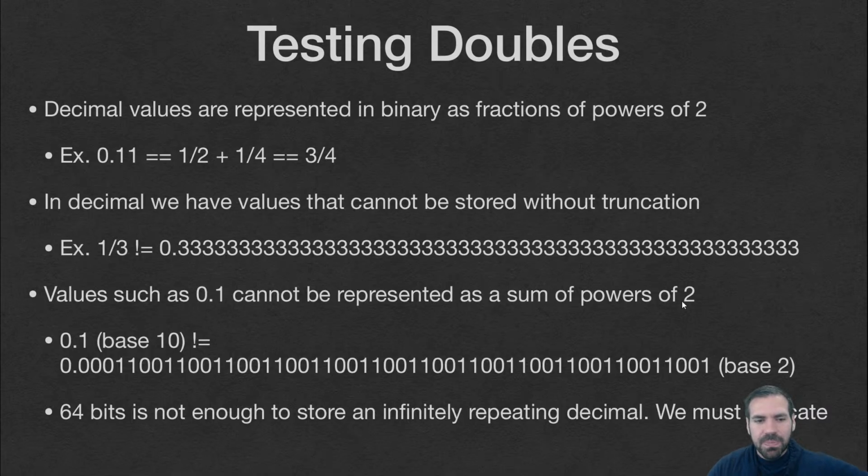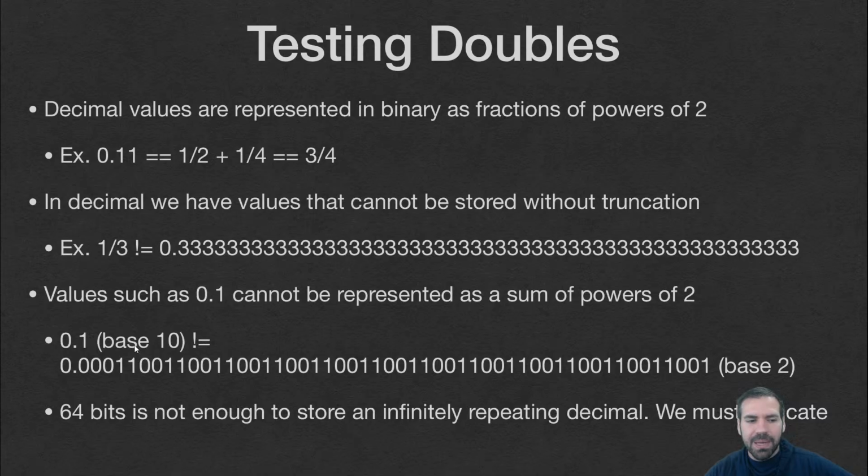Because in doubles, if we want to represent a value as the sum of powered fractions of 2, we can't always do that. 0.1, which was a careful, deliberate choice in the example, is one of these cases where we can't represent it exactly in base 2.